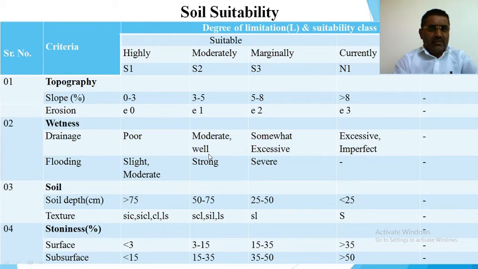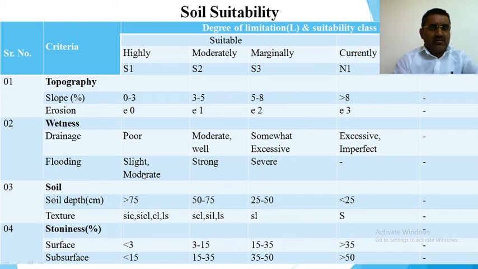Moderately well, that is if medium drainage is there, then that is moderately suitable. And somewhat excessive means drainage is more: poor, medium, more or less medium, high. So somewhat excessive, then that is marginally suitable. Excessive, that is imperfect, currently and permanently not suitable.